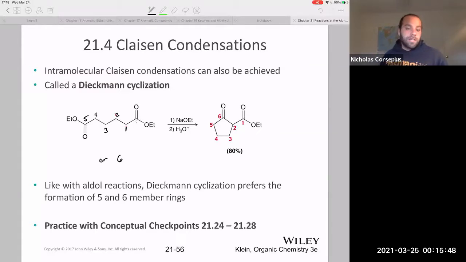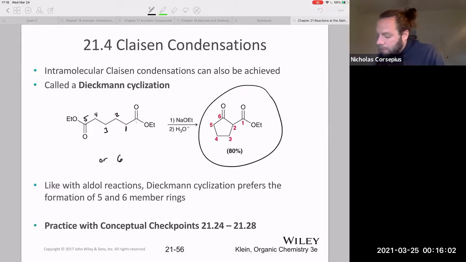Exact same consideration that we had for the aldol condensation or aldol addition reactions. Okay, only going to occur when that alpha carbon is located 5 or 6 carbons away from a carbonyl carbon. And then we get this intramolecular Claisen condensation product.